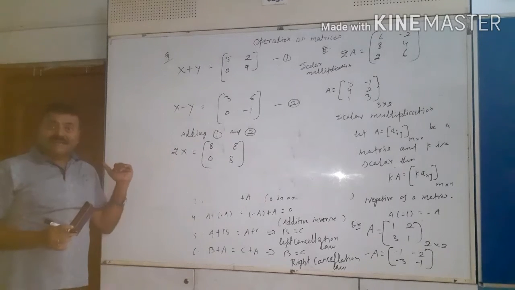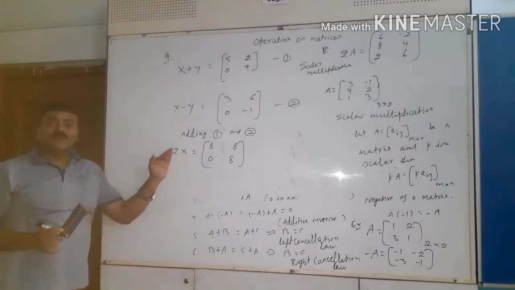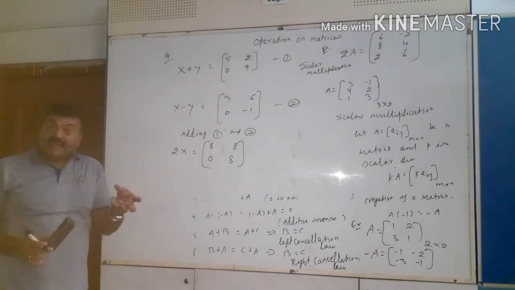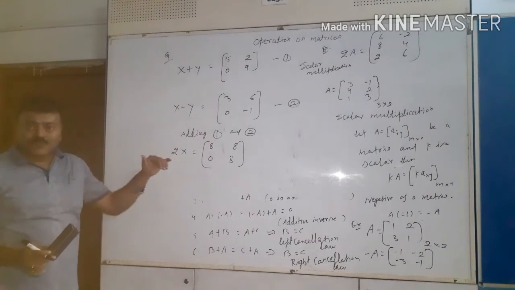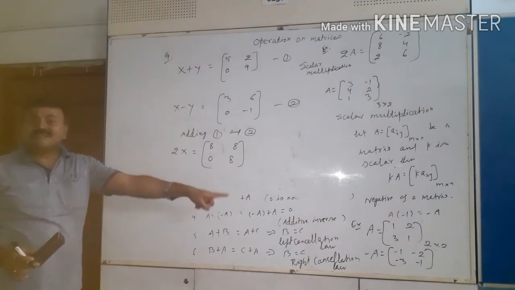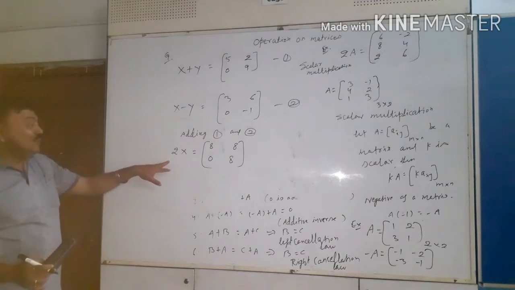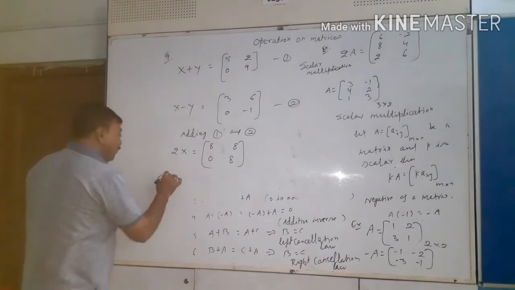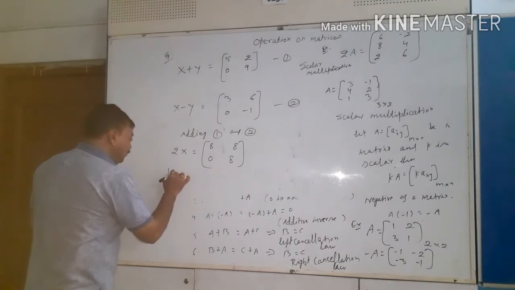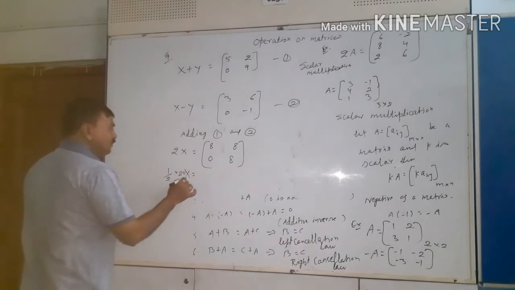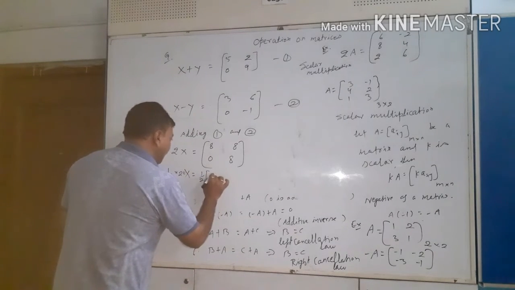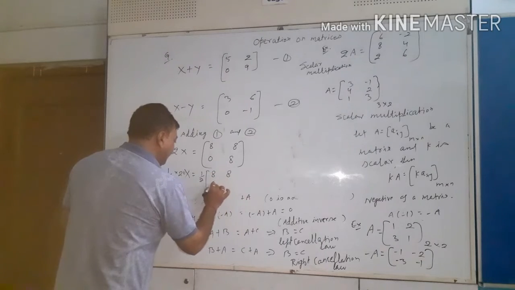If you want to find x, then divide both sides by 2. You can say multiply by half on both sides. So according to scalar multiplication, if we multiply by half on both sides, we get 1 by 2 into 2x equals 1 by 2 into 8, 8, 0, 8.